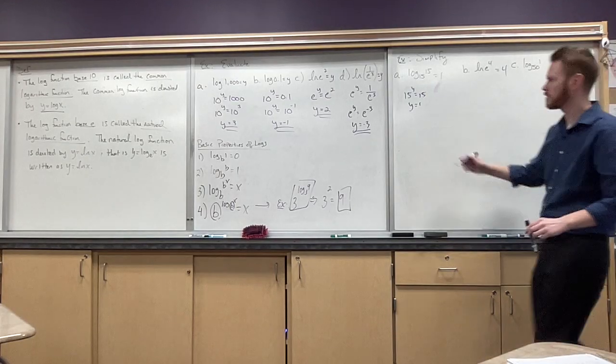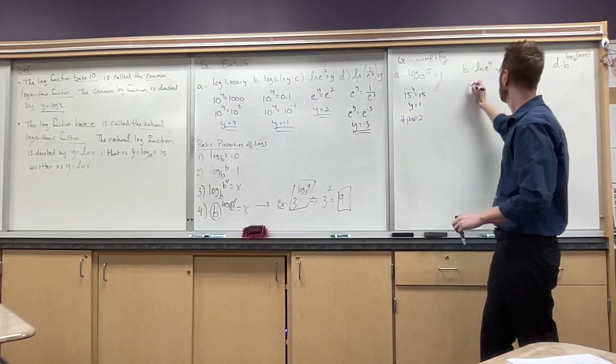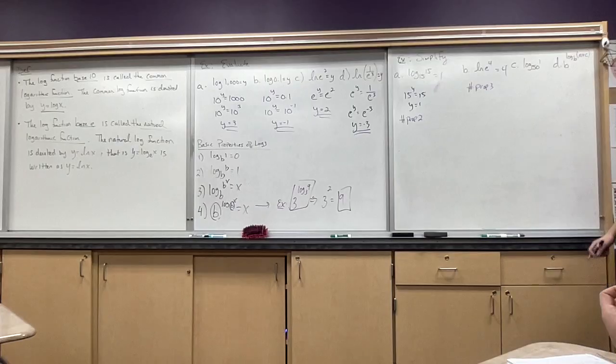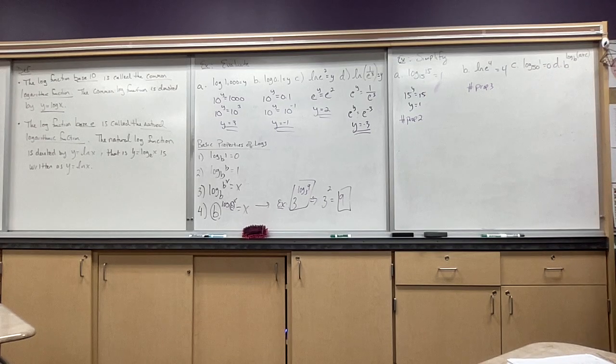Let's put this underneath what each one was. So this was property 2. This was property 3. Now, this guy looks like the first property, right? If this is just its base and the argument is 1, then the whole thing has to be 0, which makes sense. 50 to the 0 power is 1.